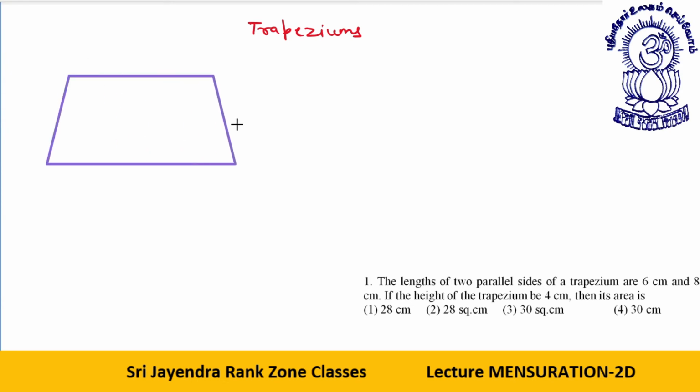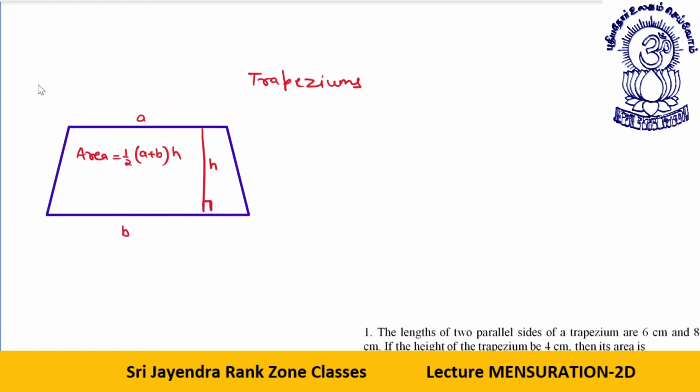This is a trapezium. Let's say this side is A, this side is B, and this is the altitude of the trapezium, height H. Okay, dear students. So what is the area of this trapezium? The area of this trapezium is half into sum of parallel sides. So this is A and this is B, into the distance between the parallel sides. This is the area of a trapezium first.